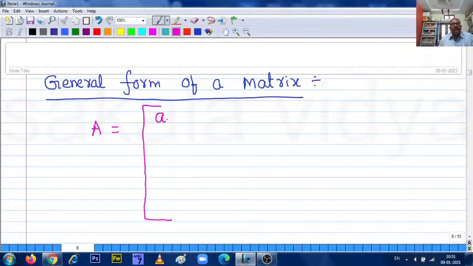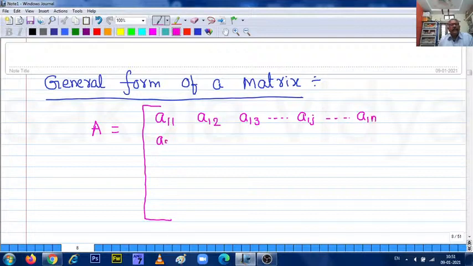This is A11. These are called suffixes: first suffix, second suffix. First suffix indicates, I will explain later, don't worry. This is A11, this is A12, this is A13, and so on. We can write A1J up to A1N.